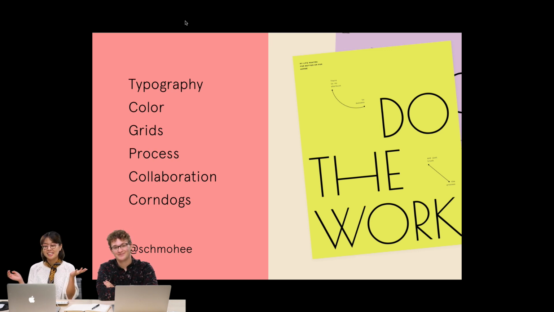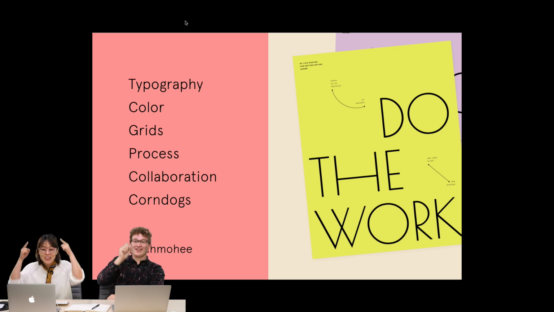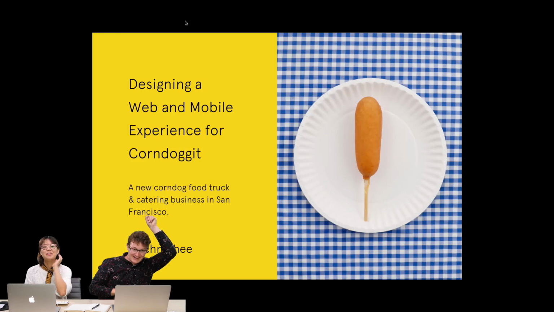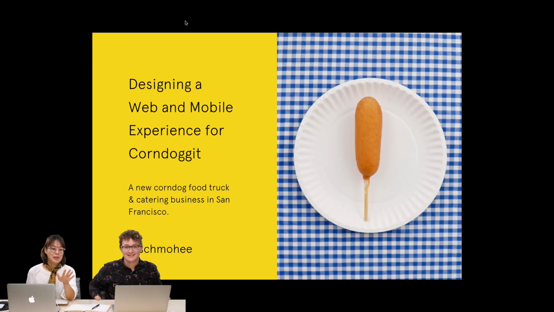And corn dogs. I think most of you know what corn dogs are, especially if you tuned in yesterday. But in case you don't, they are a sausage dipped in cornmeal batter and deep fried on a stick. The stick is very important.